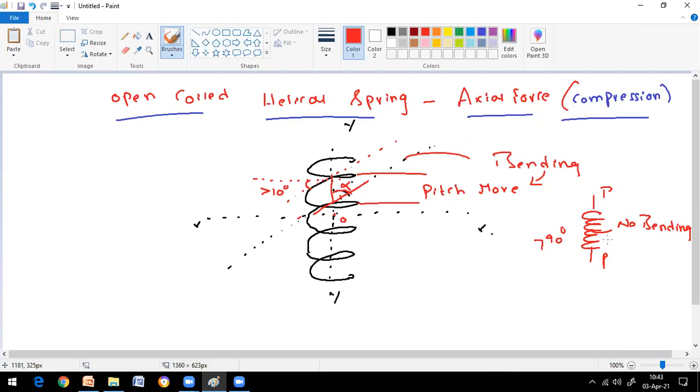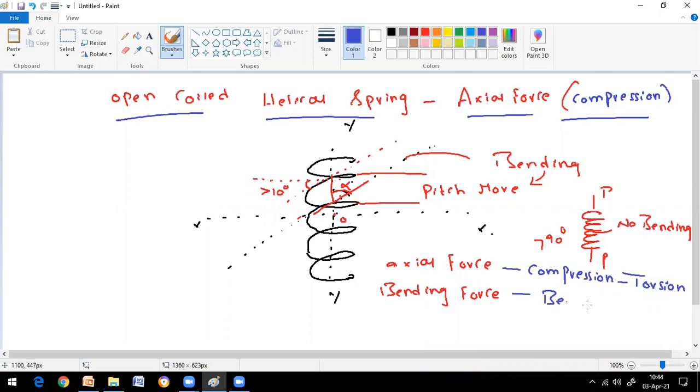So an open coil helical spring falls under both categories of axial force and bending force. Axial force, which is under compression, where torsion takes place. In bending force, the member will be under bending. So this is what I need you to understand.